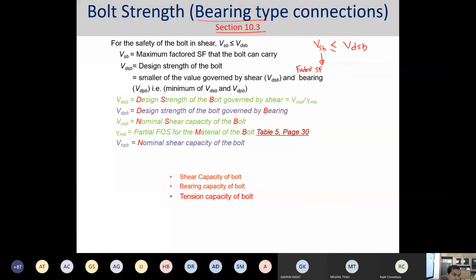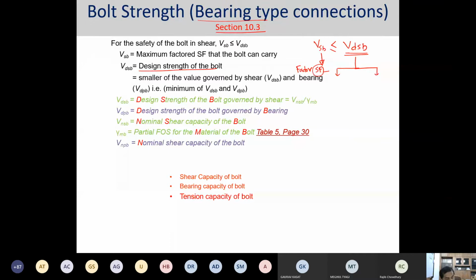Or maybe 0.9 DL plus 1.5 WL. Whatever shear force we get after making the analysis with factors are the factored shear force. So the factored shear force must be less than or equal to the design strength of the bolt. That is the protocol. Now, the next issue is how to find the design strength of the bolt.